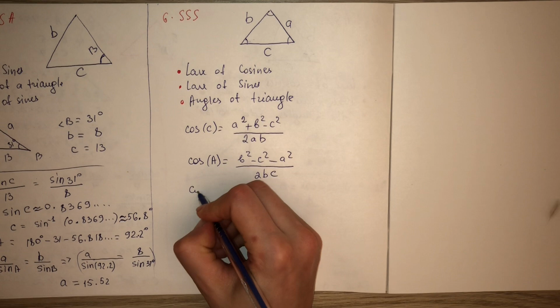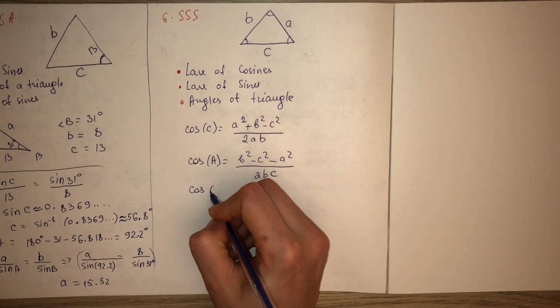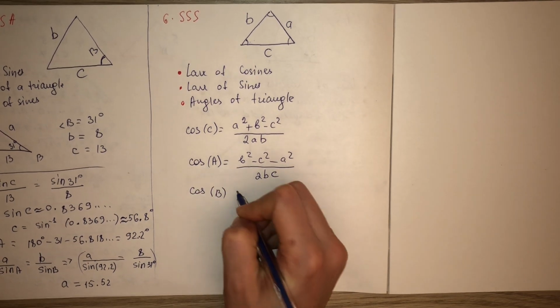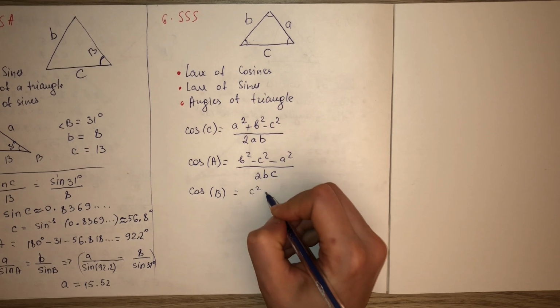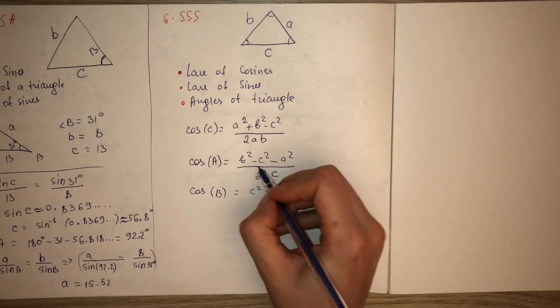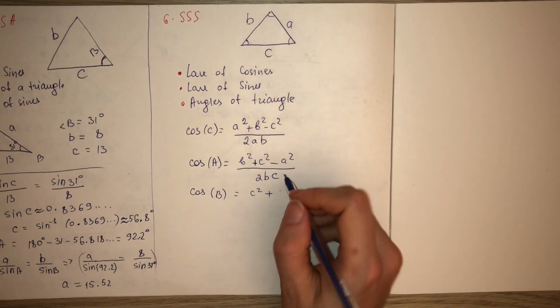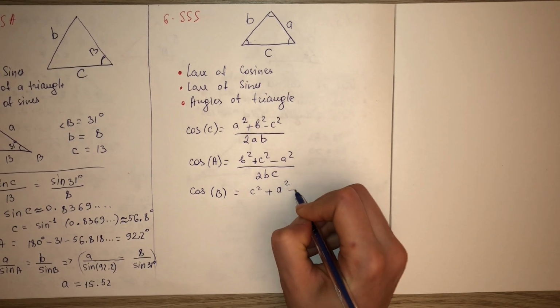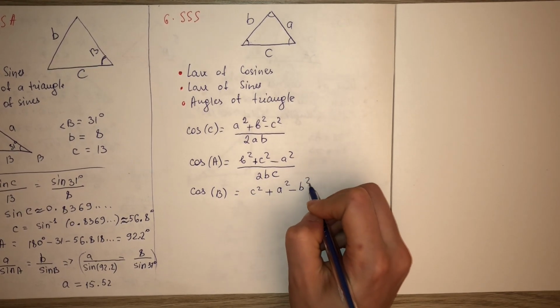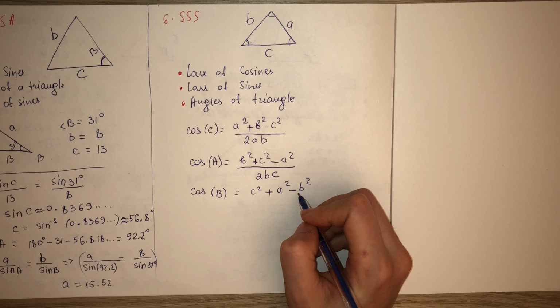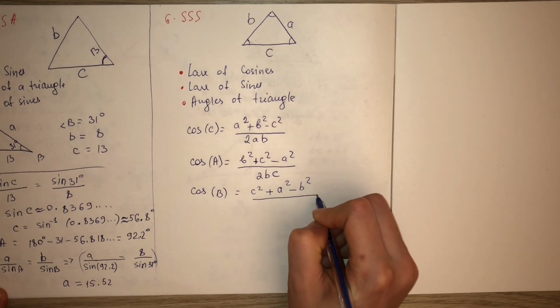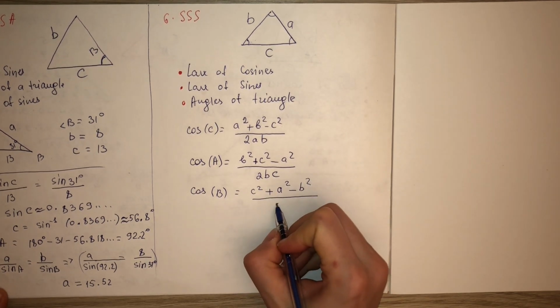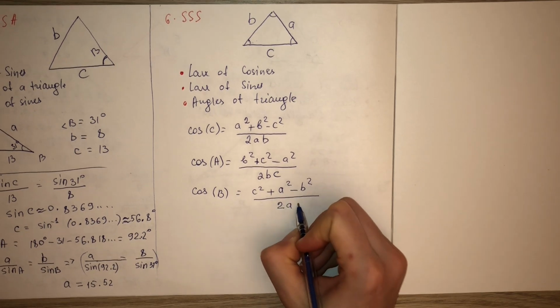And cosine B is c squared plus, sorry, a squared minus b squared, all divided by 2ac.